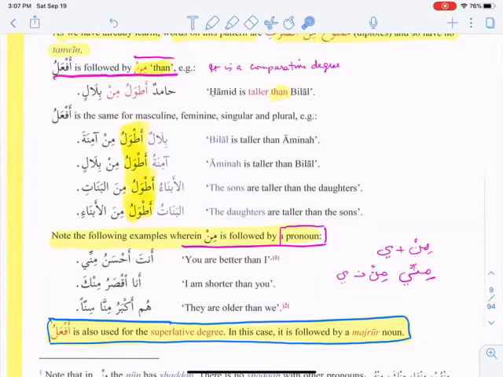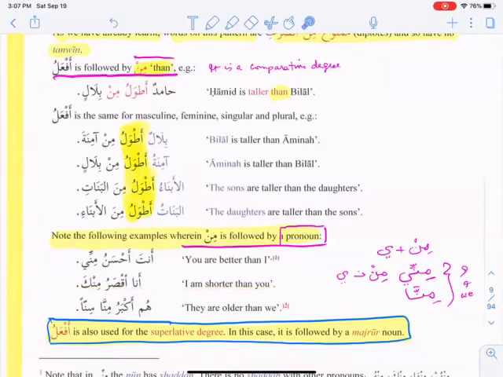So this minni and then minna. Right? Only in I and we have shadda. Otherwise, they're all very straightforward. Ana aksaru minka. I am shorter than you. Did you get the idea? I am shorter than you.